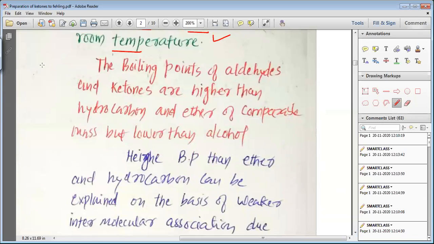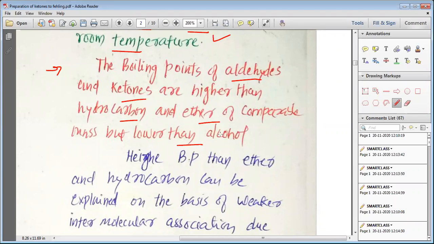Now we should look at the boiling points. The boiling points of aldehydes and ketones are higher than those of hydrocarbons and ethers of comparable molecular mass.